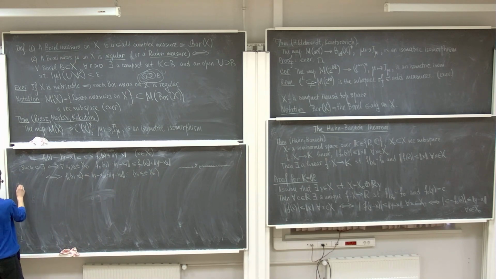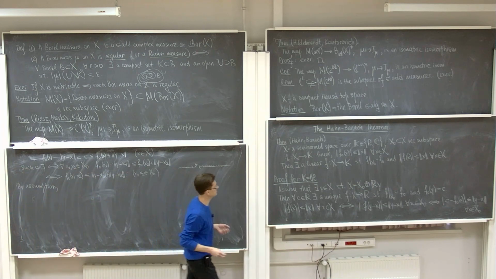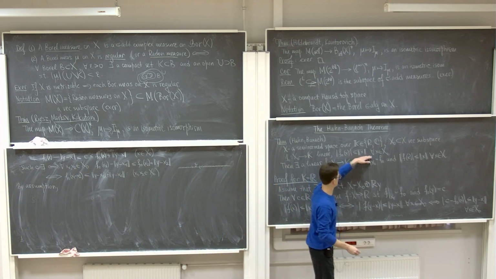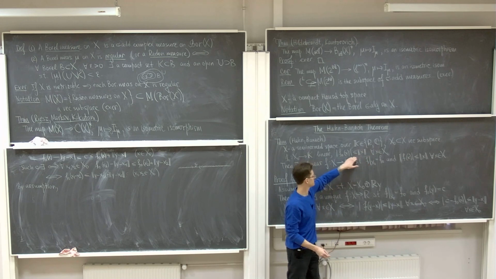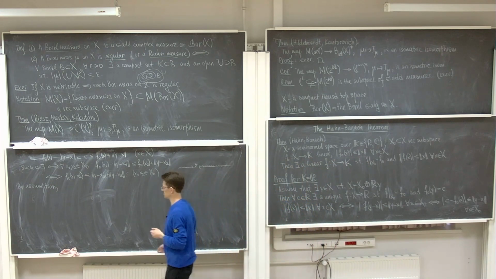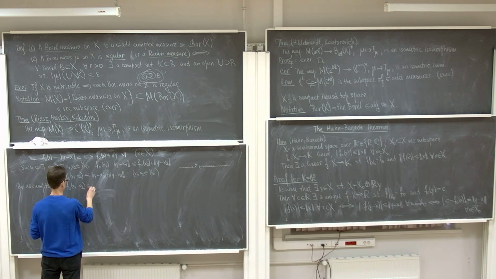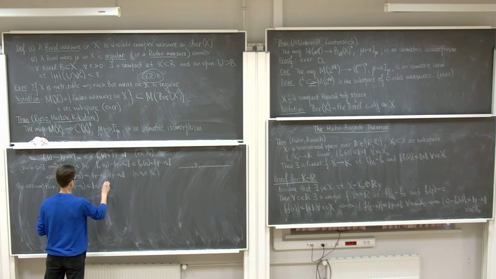But by assumption, f0 satisfies this condition, and so f0 of x1 minus x2 is less than or equal to the norm of x1 minus x2.